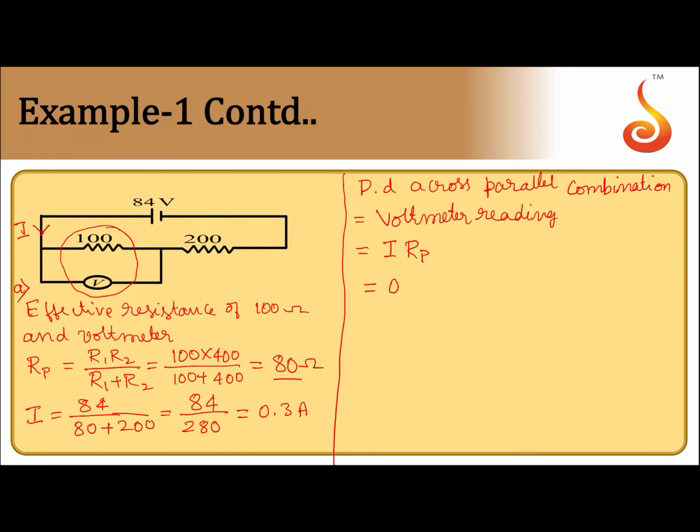So current is 0.3 ampere, resistance is 80 ohm, that should be 24 volt. So after connecting voltmeter, potential difference across the combination of 100 ohm and voltmeter put together is 24 volt. So this will be voltmeter reading.